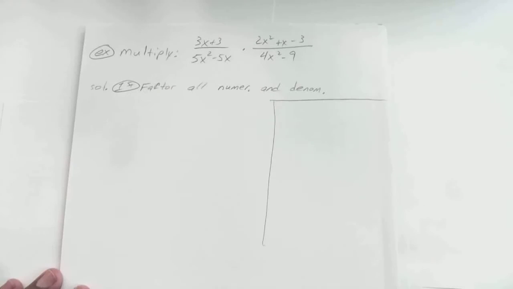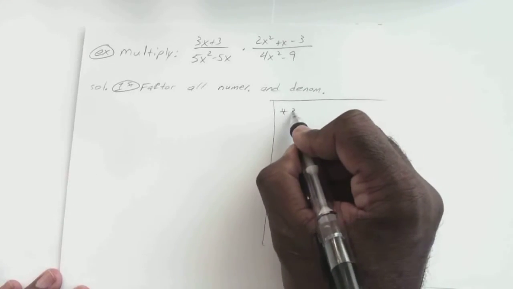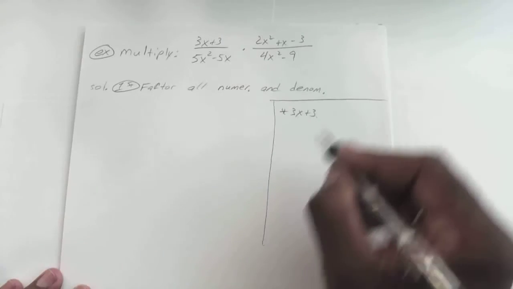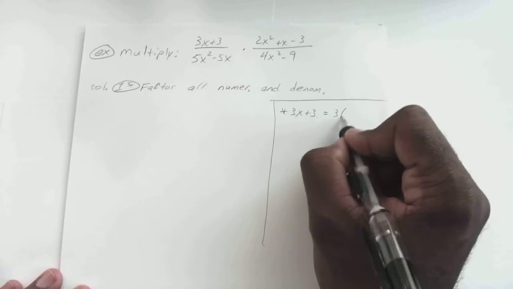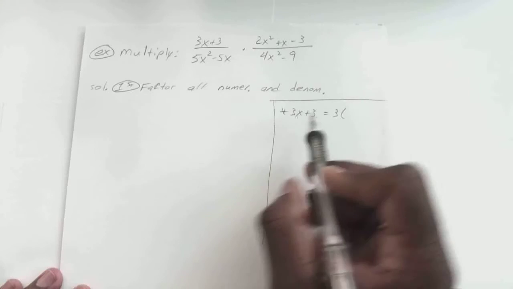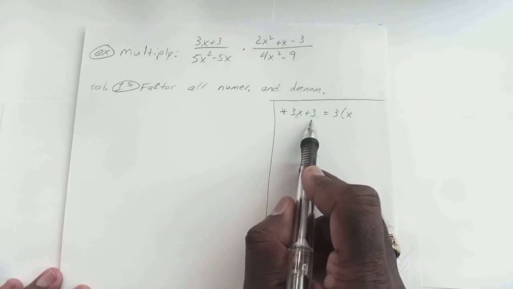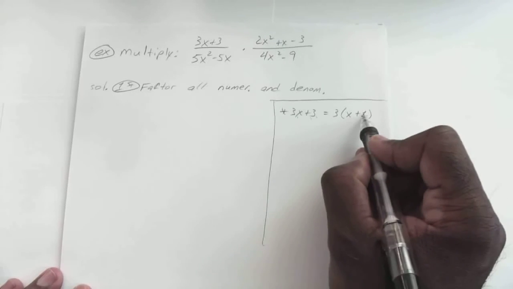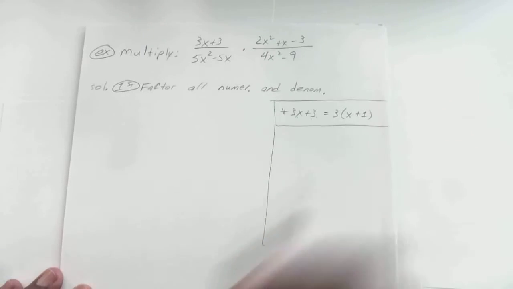So our 3x plus 3, we can factor 3 out of both of those. So it's 3. 3 times x will give us 3x, and 3 times 1 would give us our 3. So that one was pretty straightforward.